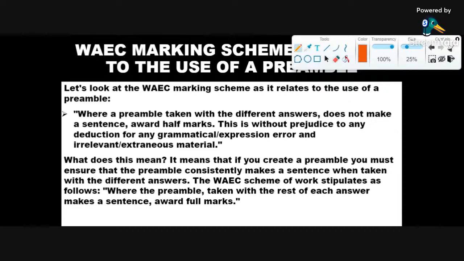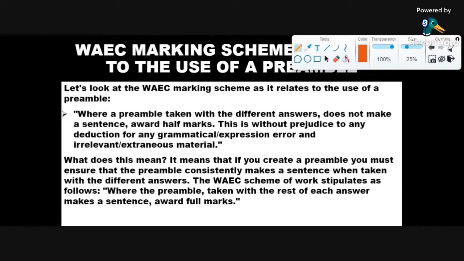Where a preamble taken with the different answers does not make a sentence, award half marks. This is without prejudice to any deduction for any grammatical or expression error and irrelevant or extraneous material.